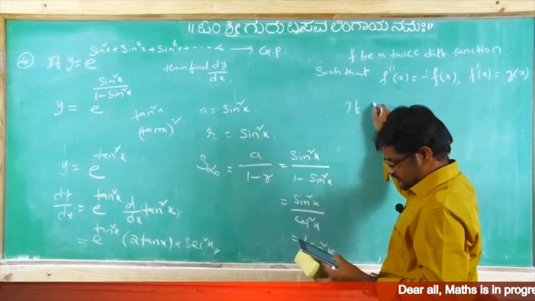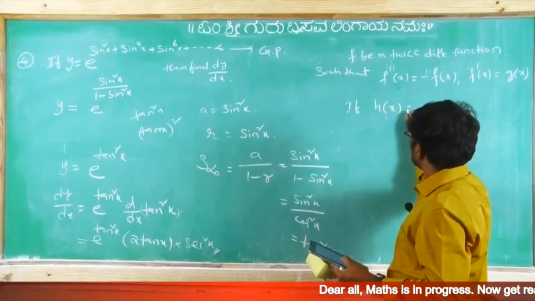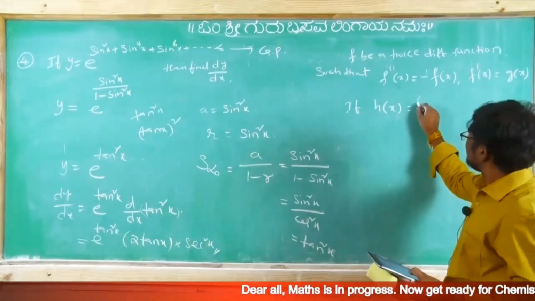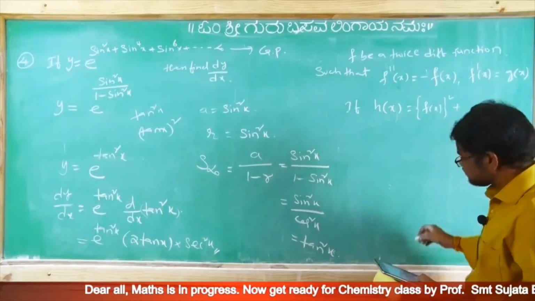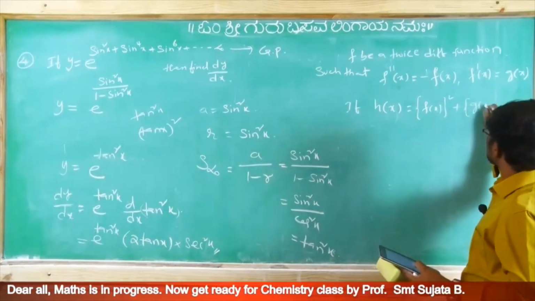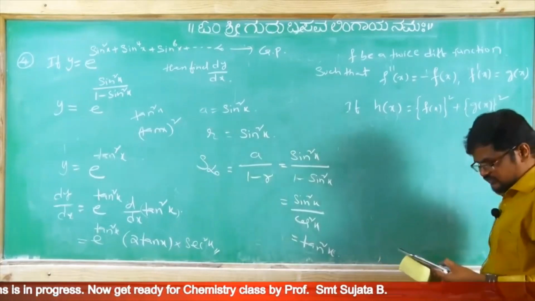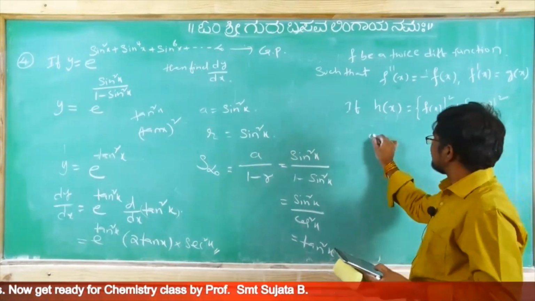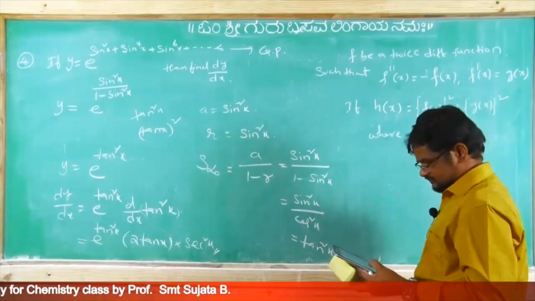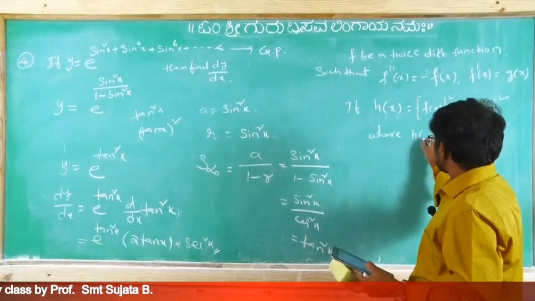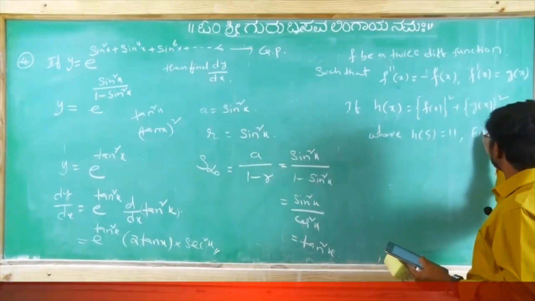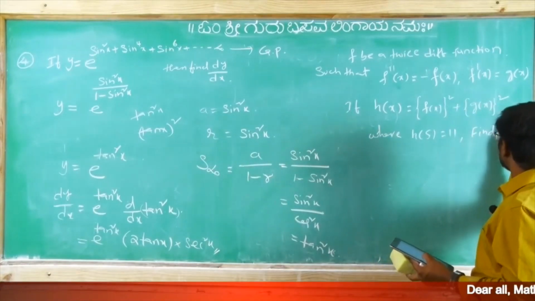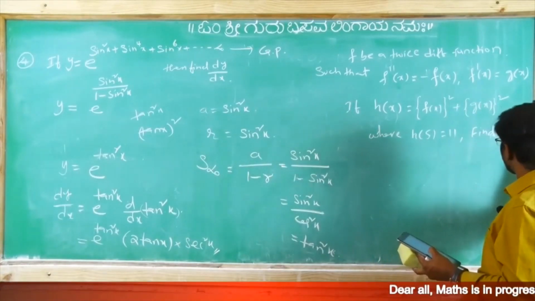Again, if h of x equal to f of x whole square plus g of x whole square, where h of 5 equal to 11, then find h of 10.